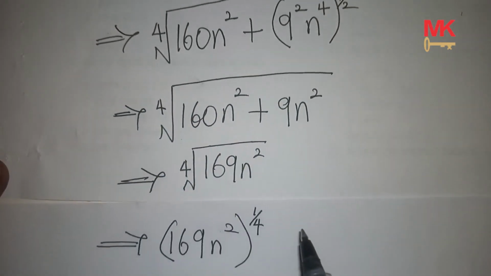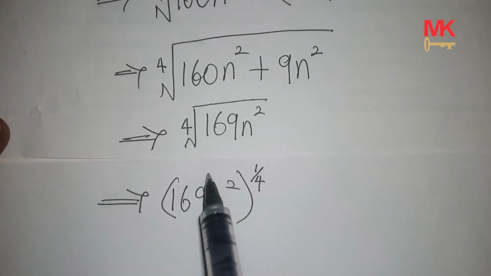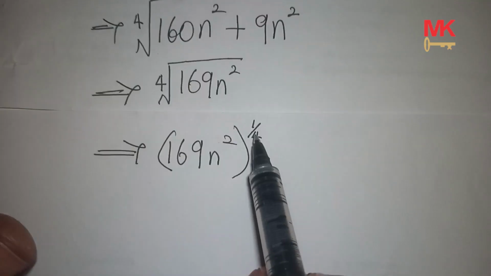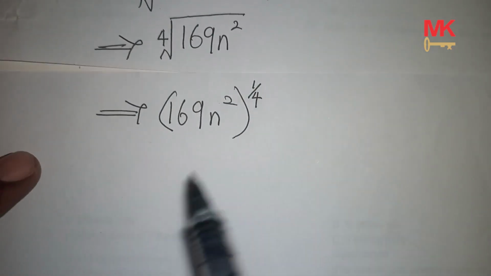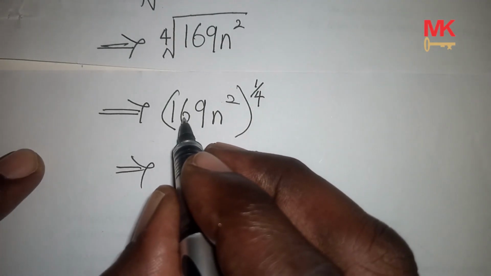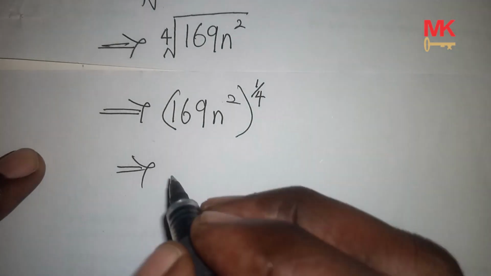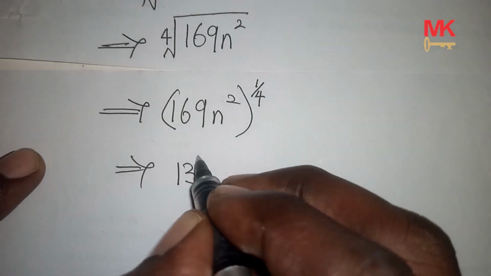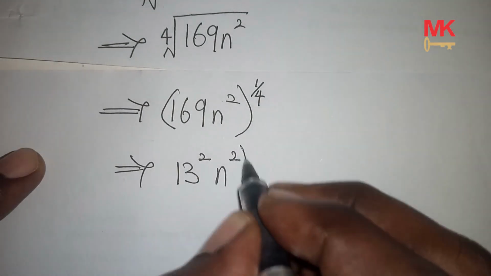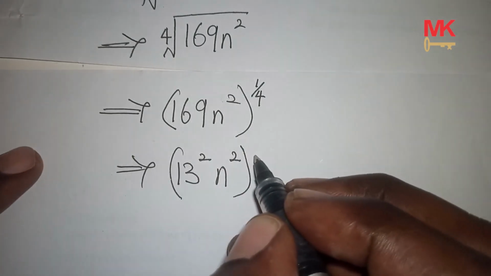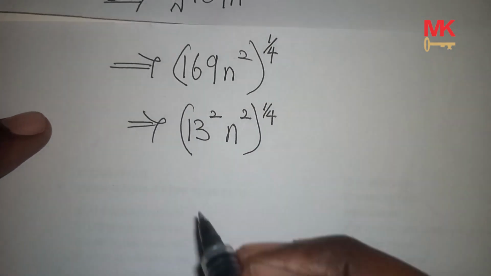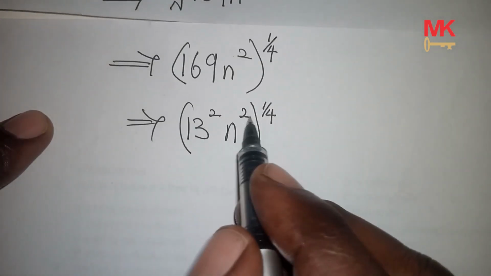So in this case here, we are having fourth root, so that's 1 over 4. So on that note, we're going to rewrite this now as 169, the square root of 169 is written as 13 squared, n squared, raised to power 1 over 4. And from here, 1 over 4 will have to multiply both of them.